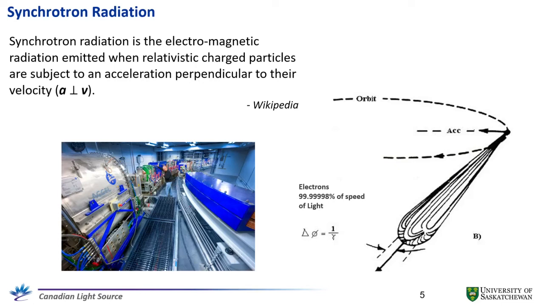So in this sentence, you can see three main conditions. One is you have to have a charged particle; in our case, it's electrons. This has to be relativistic, meaning the speed of the electron has to be comparable to the speed of light. And the third condition is it has to be subject to acceleration perpendicular to its velocity, like when the electron goes through this circle.